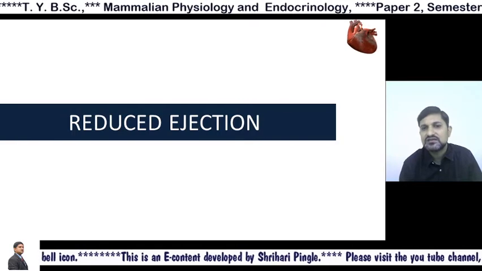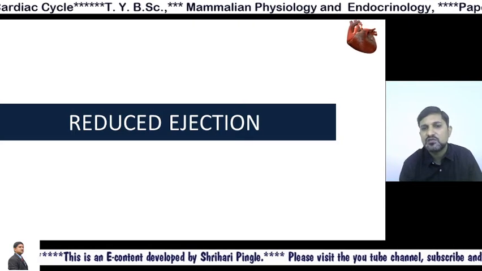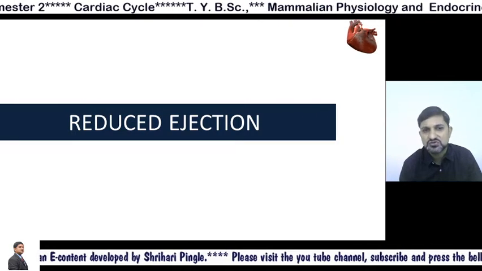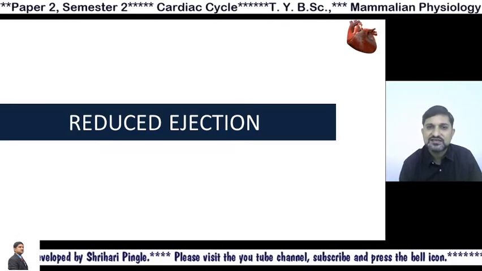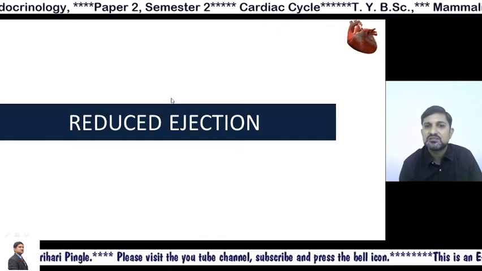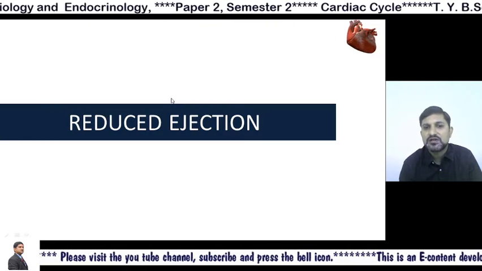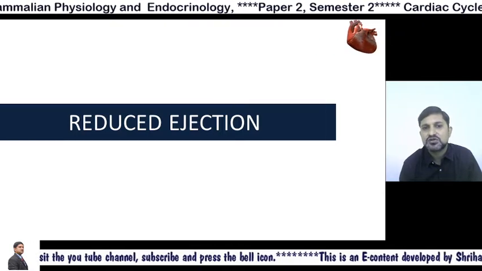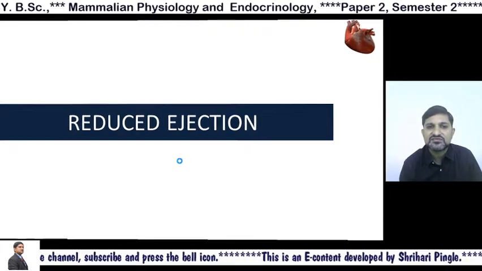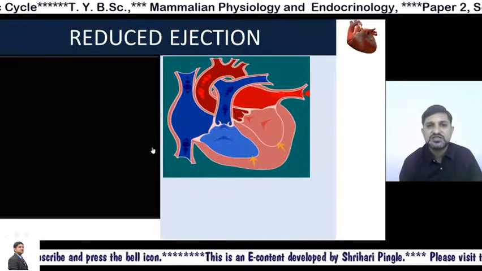But slowly you would observe that the volume of blood in the ventricle goes on decreasing. And as a result, the flow with which the blood would go into the pulmonary artery and aorta would also reduce, and therefore this phase is called reduced ejection.